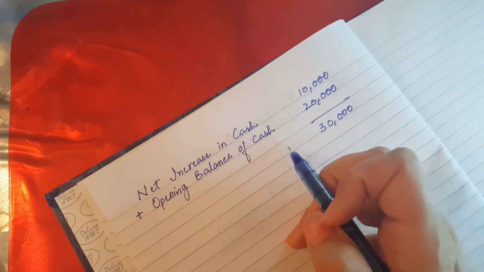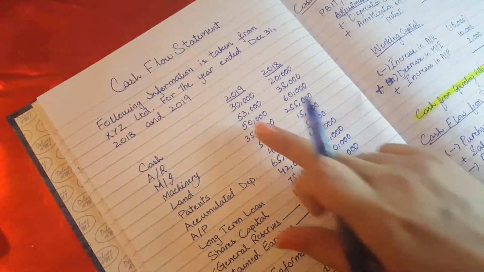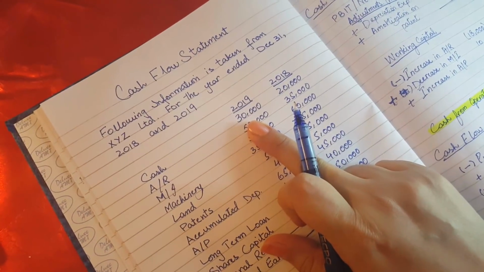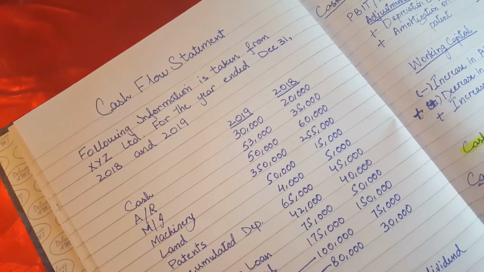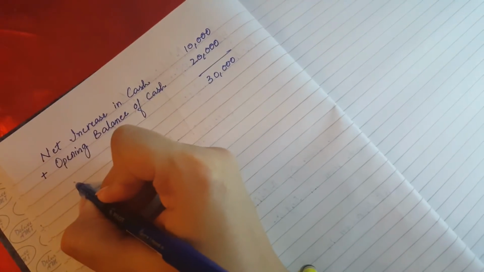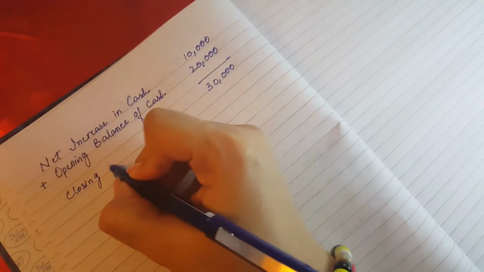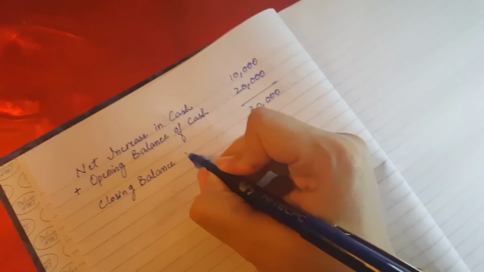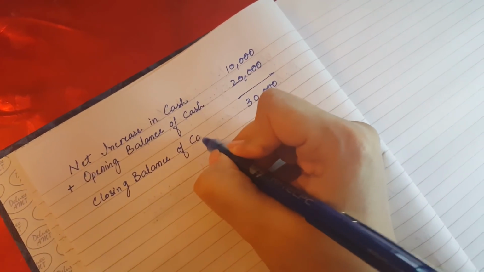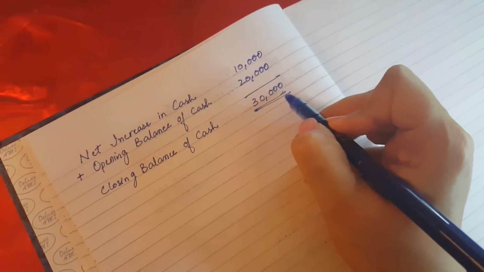And it should be the same as the closing balance of cash mentioned here, which is the same 30,000. So it means we have done the right calculations. So we will write it as closing balance of cash. This is 30,000 at the end of 2019.